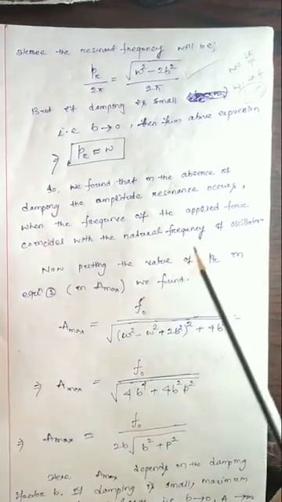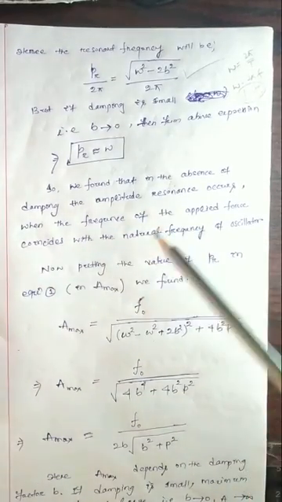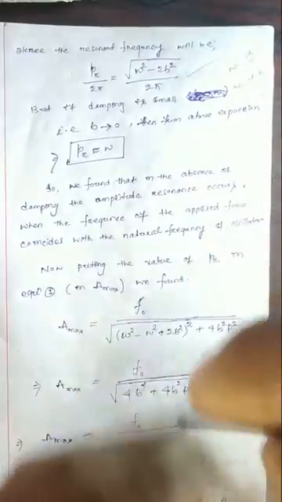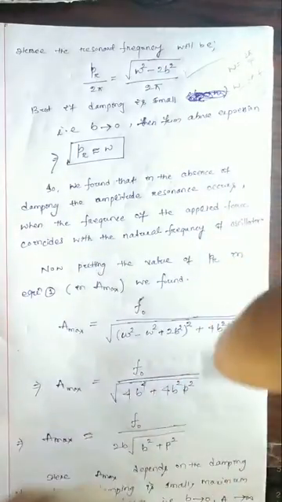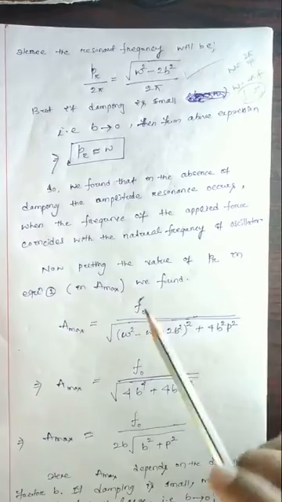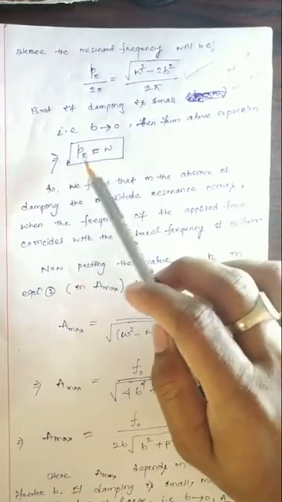If there is no damping, at whichever frequency it is oscillating, if I give an outside applied force at exactly the same frequency, then it will go to the maximum amplitude. So for the maximum amplitude condition, pr is equal to omega.